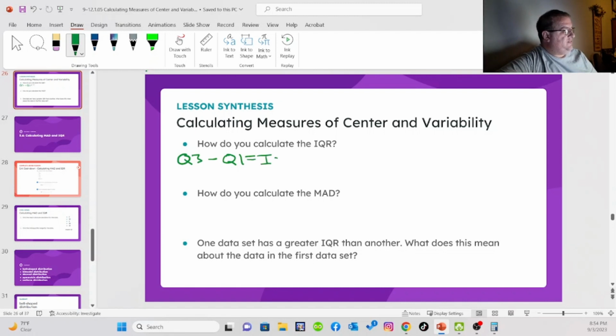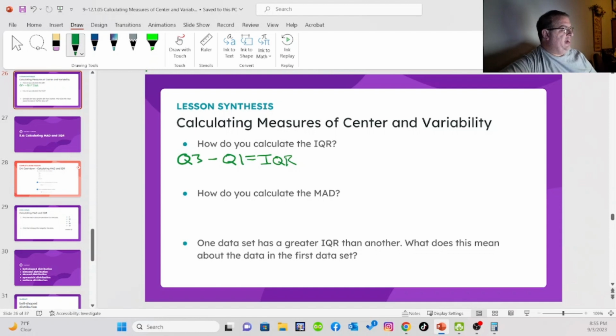So that gives us the IQR. So you need to put the numbers in order from least to greatest. Then you need to find the median. Then divide the lower half in half to find Q1. Then divide the higher half in half to find Q3. Then you subtract Q3 minus Q1, and that gives you your IQR. So IQR will always pair with your median.